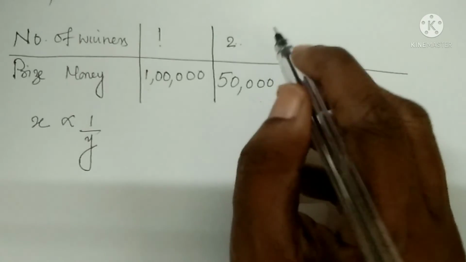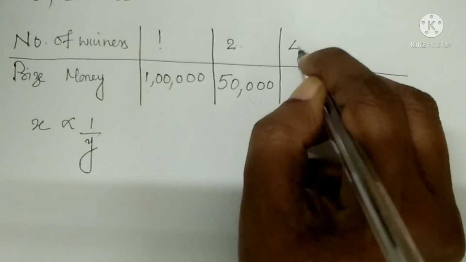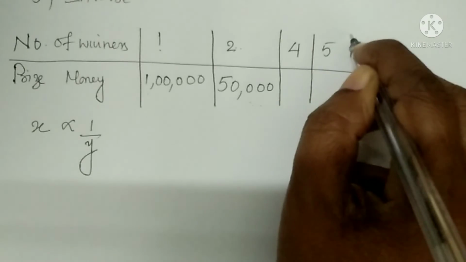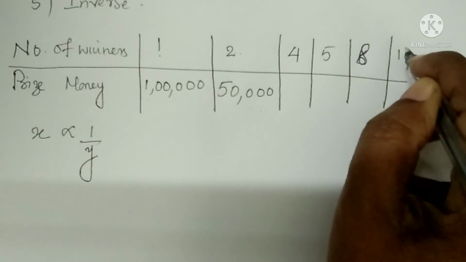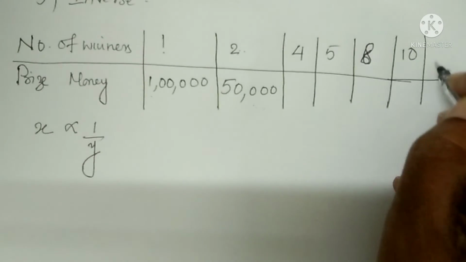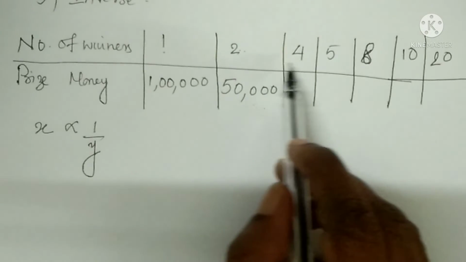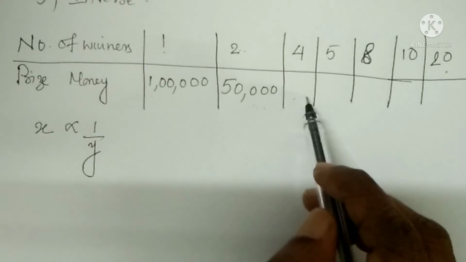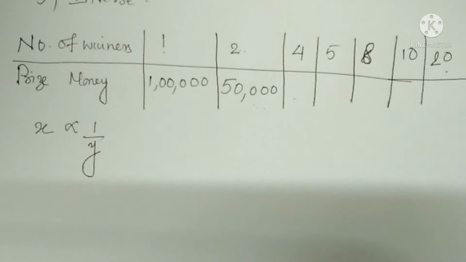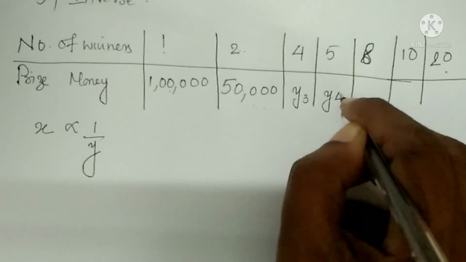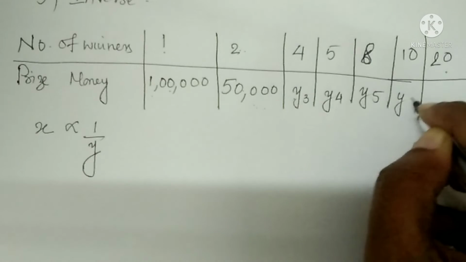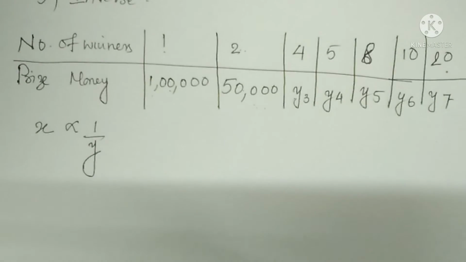X is inversely proportional to Y here. Now what you are asked to find out is, here they have given you 4, 5, 8, 10 and 20. If the number of people increases like this, what will be the amount received by each person? You have to find that out. So here Y1, Y2, Y3, Y4, Y5, Y6, Y7. What is the condition?